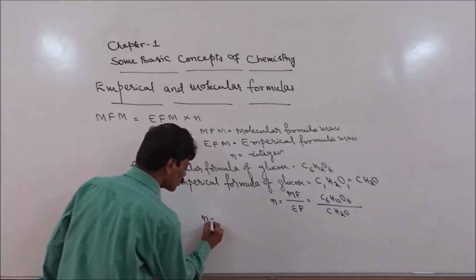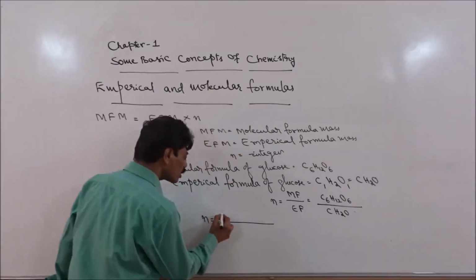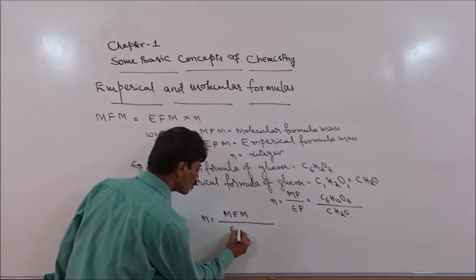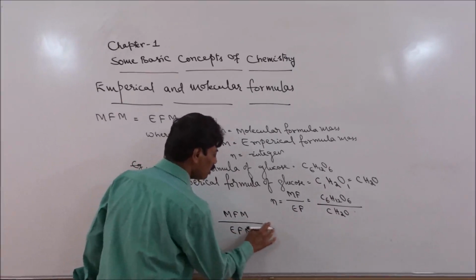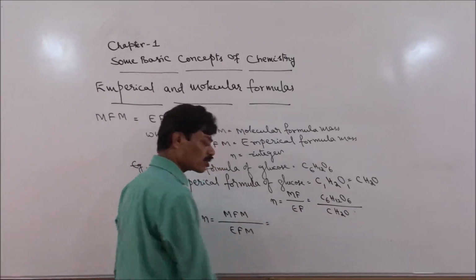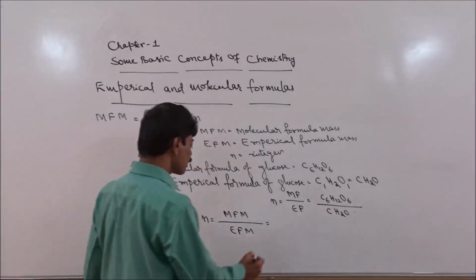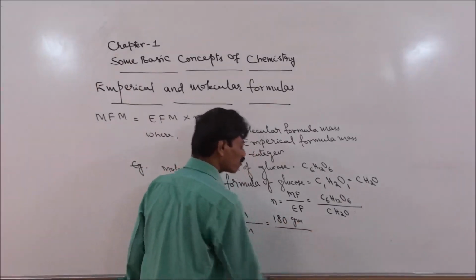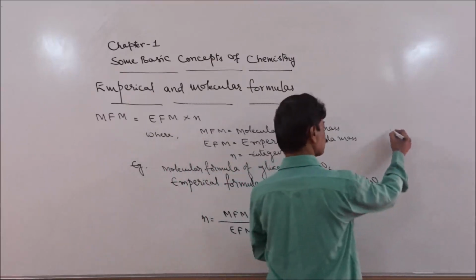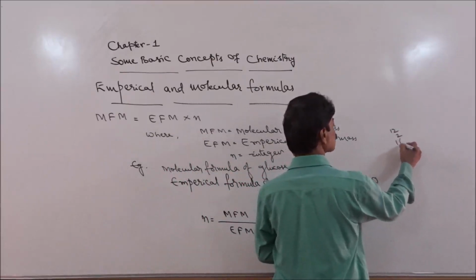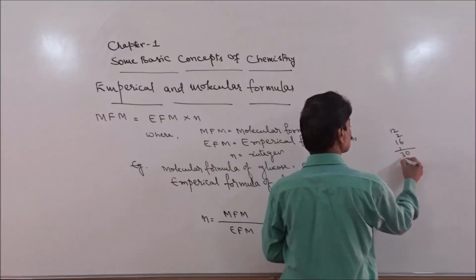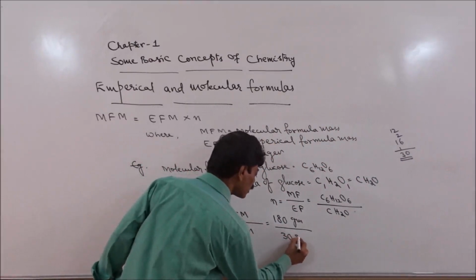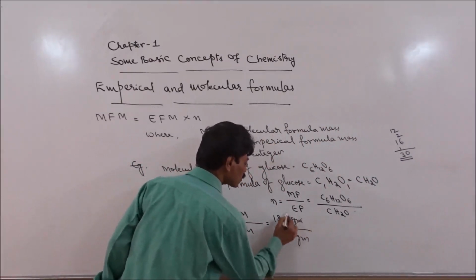Or we can take it this way also. Integer n is equal to molecular formula mass divided by empirical formula mass. Here the molecular formula mass of glucose is 180 grams. Now the empirical formula, carbon 12, hydrogen 2, oxygen 16. So the empirical formula mass is 30 grams. So this cancels 6 times.